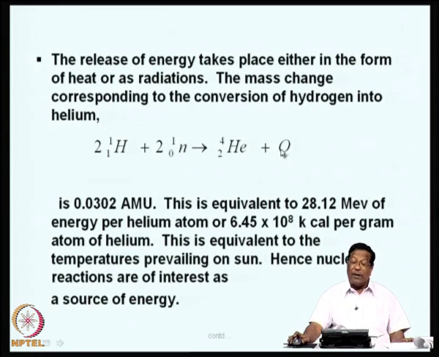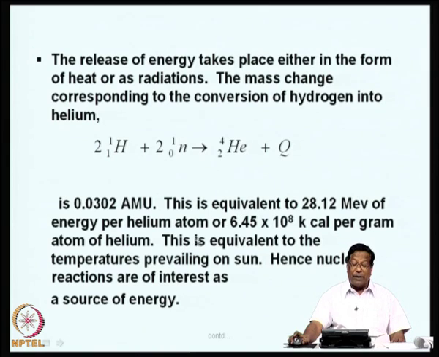And this energy, using that Einstein equation, corresponds to about 0.0302 atomic mass units, a very small quantity, but this is equivalent to 28.12 million electron volts of energy per helium atom, or approximately 6.45 into 10 raised to 8 kilocalories per gram of the helium.